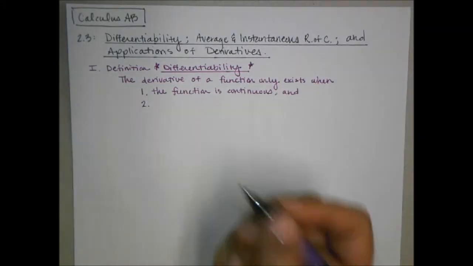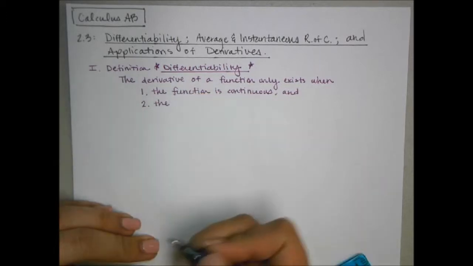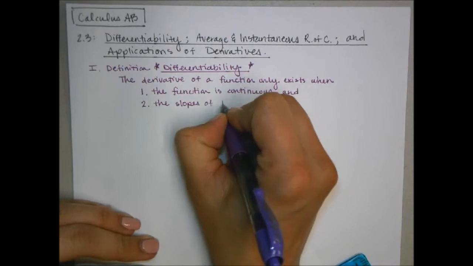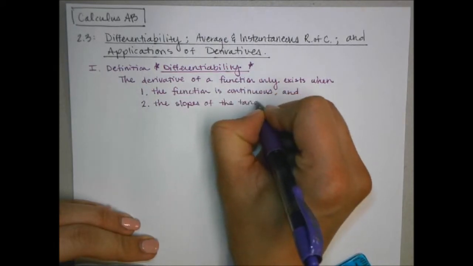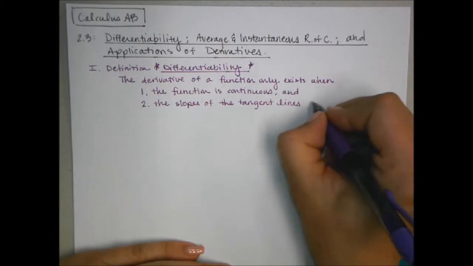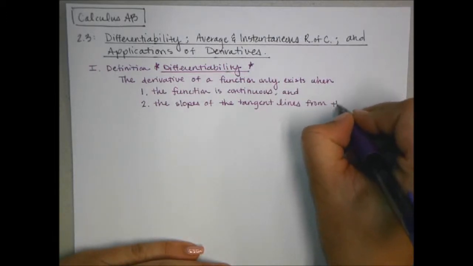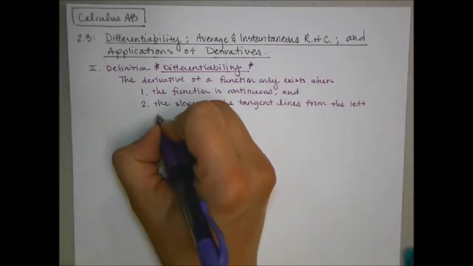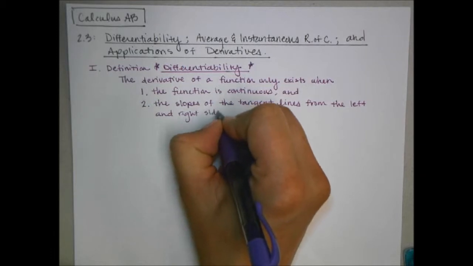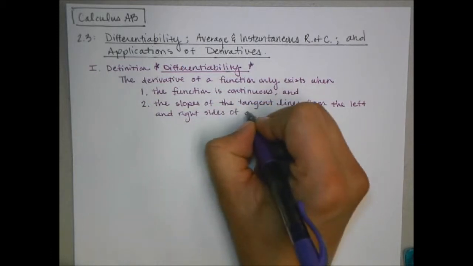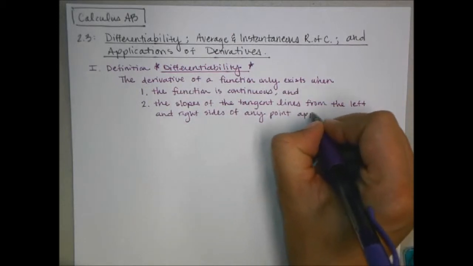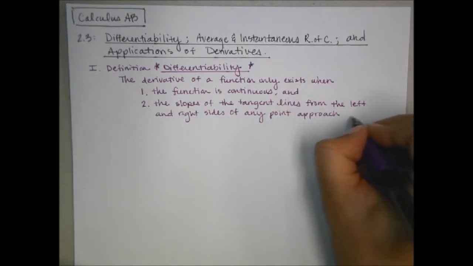The second thing is when the slopes of the tangent lines from the left and right sides of any point approach the same value.